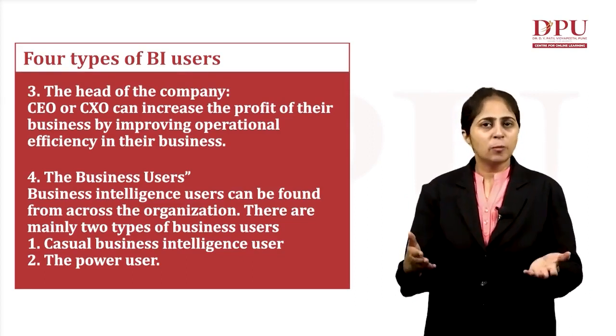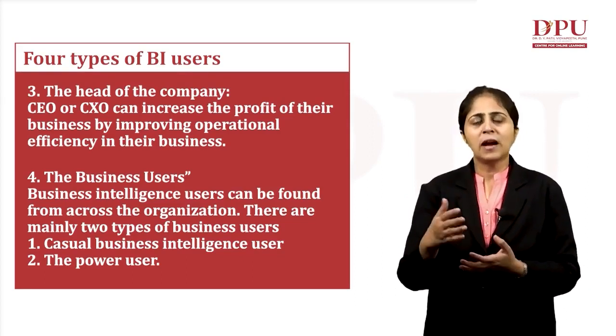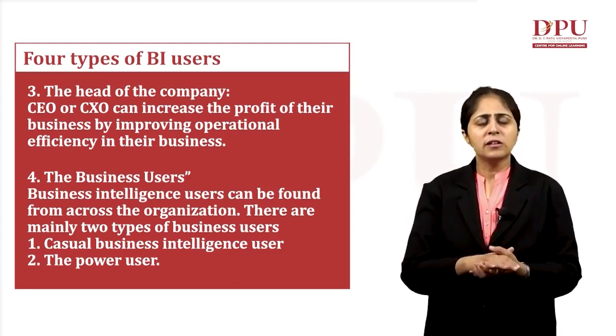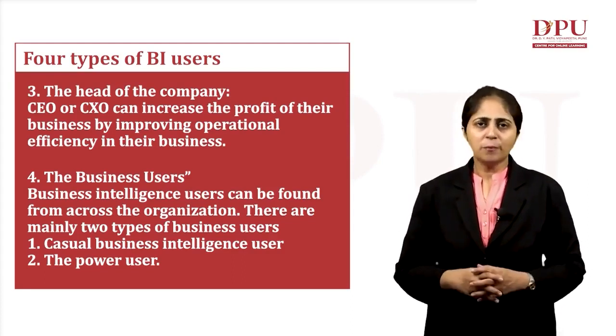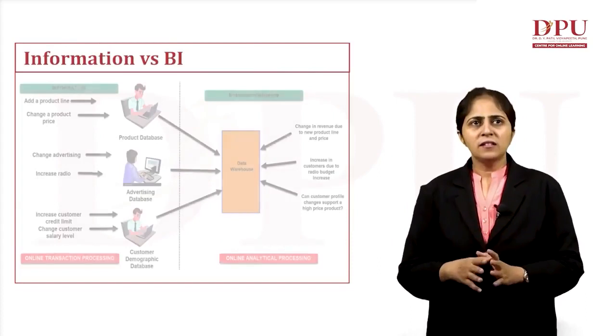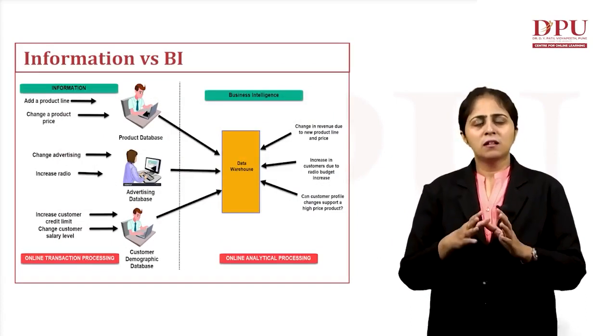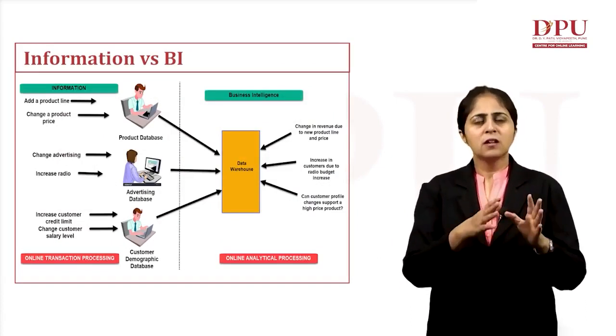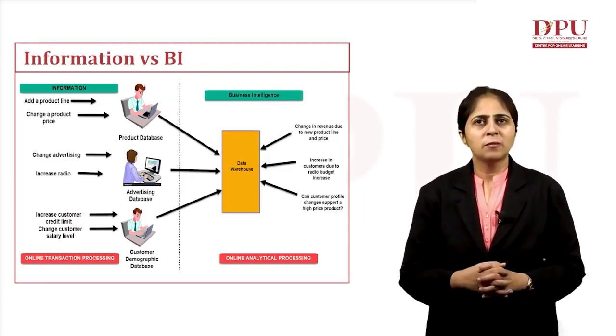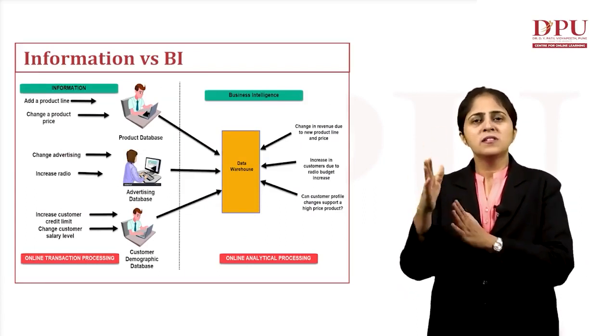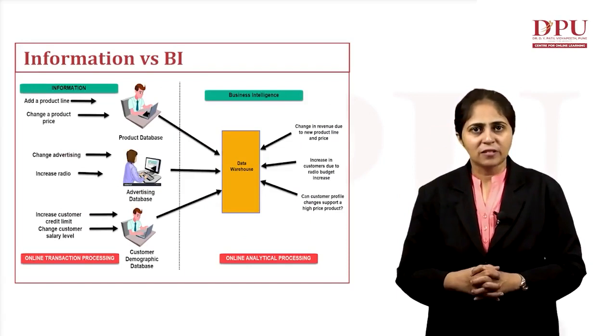Then we have the general business users, in which again we have some casual business intelligence users and some power users. Let us understand the difference between how we can make use of general information, and how the business intelligence tool will help us.